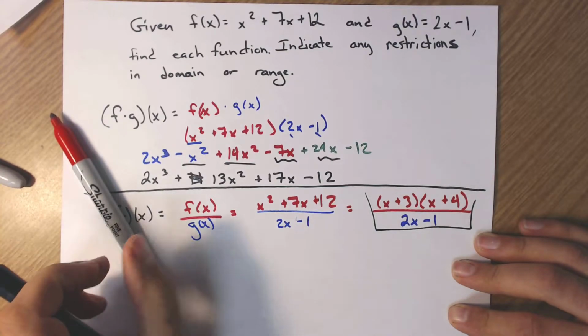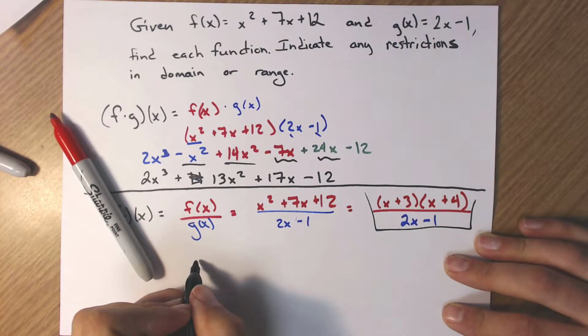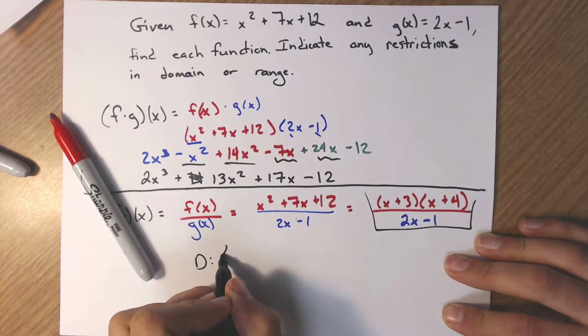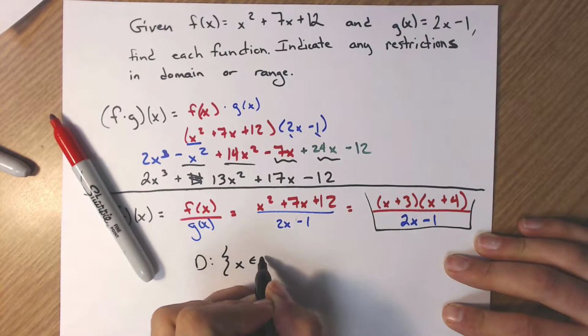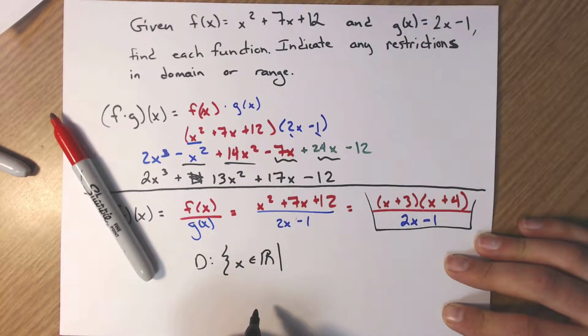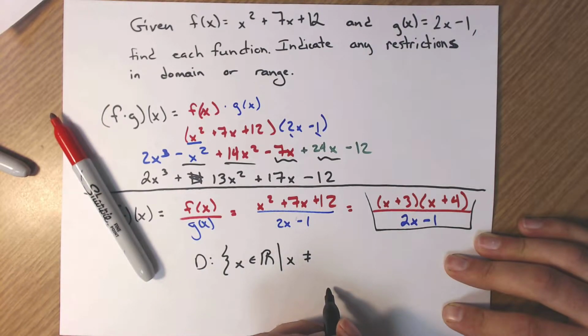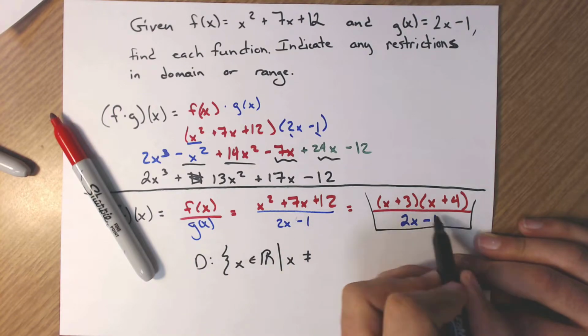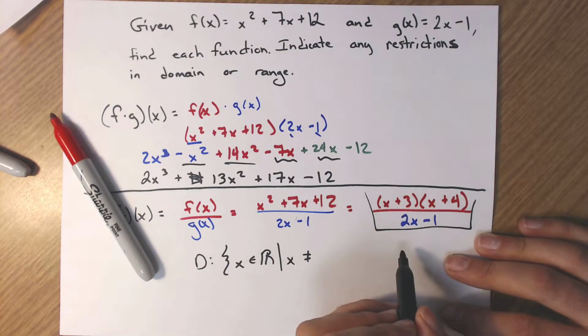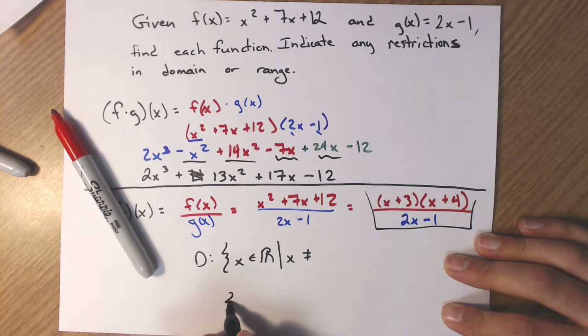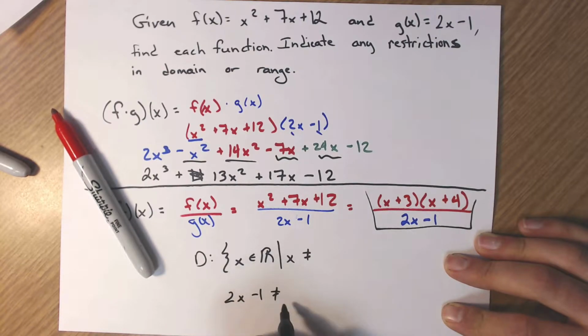But I do have to note that there is a restriction. For my domain, x can be all real numbers such that x cannot be what? Well, x can't be something where my denominator is then a 0. So 2x minus 1 is not allowed to equal 0.